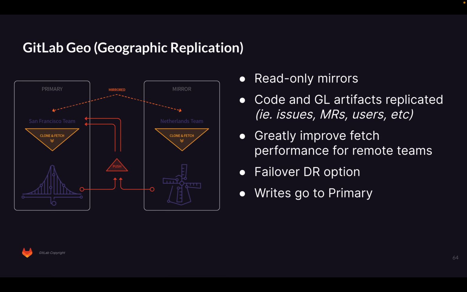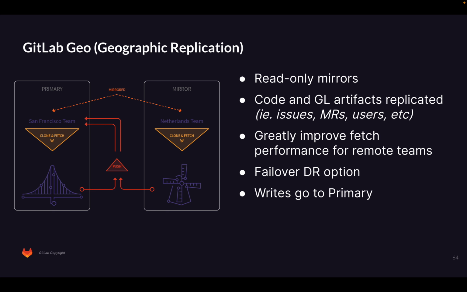So it's a performance improvement, but also, for example, if you want disaster recovery failover, then you may have a separate instance in another availability zone that acts as a secondary, and this secondary can be promoted to primary whenever the primary fails or is unavailable. Also, what we see Geo used for is when you want to migrate large instances from one installation to a new infrastructure or architecture.